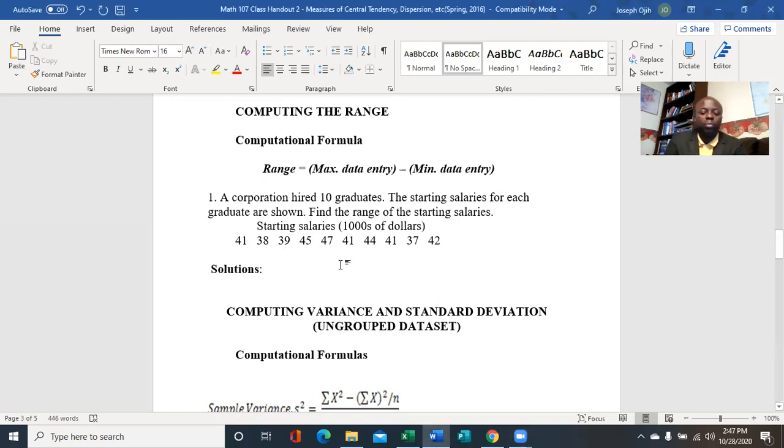So in this case, the range becomes the maximum value. For this particular question, the maximum value here is 47,000. 47 minus the minimum, which is 37 because it's the smallest number here, giving us a range of 10, meaning $10,000.